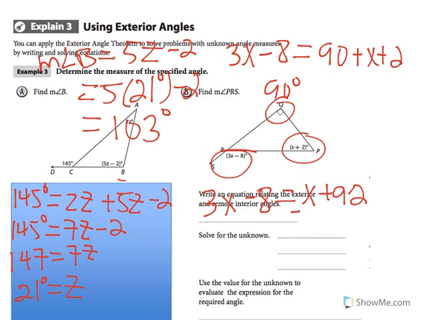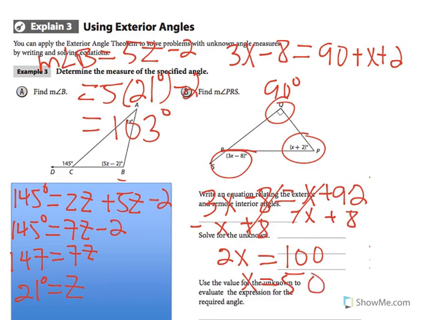So we're going to subtract x from both sides and add 8 to both sides. So we have 2x equals 100, so x equals 50. But we're not solving for x. Remember that we're solving for PRS.